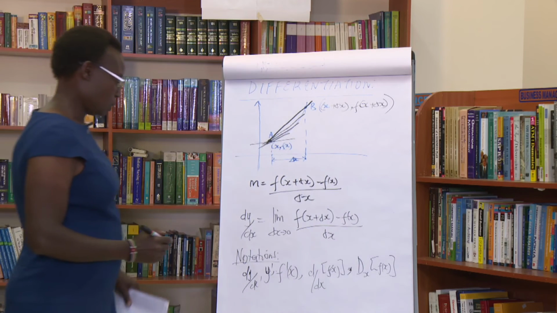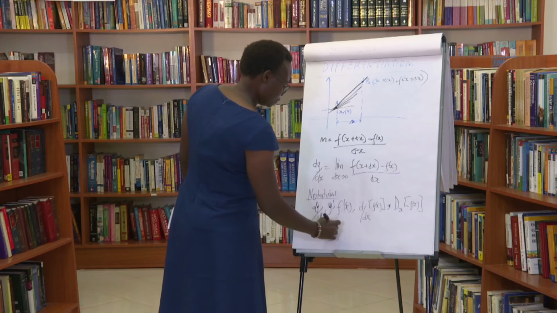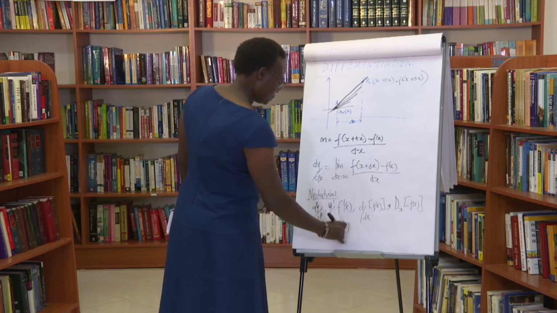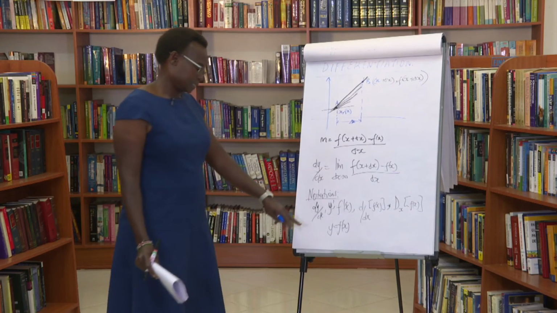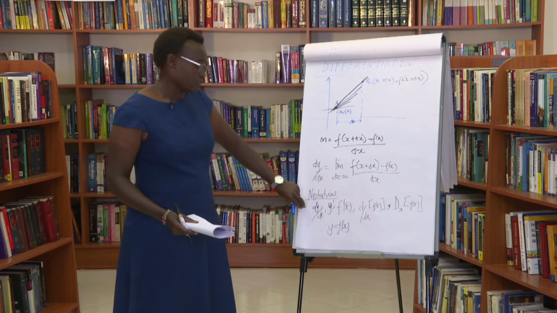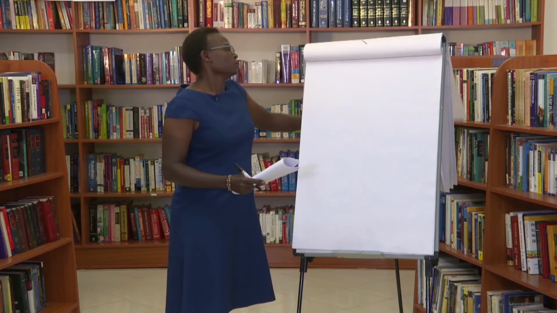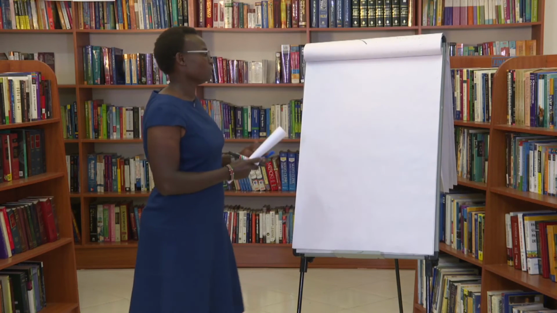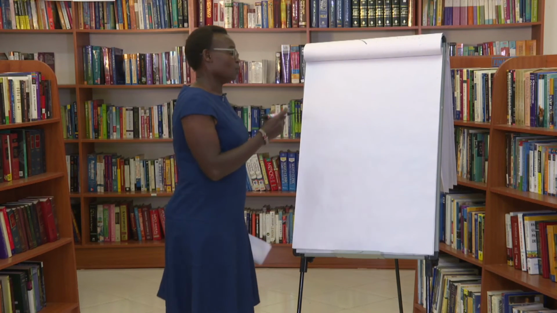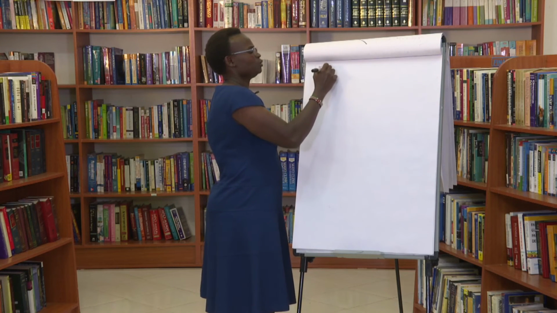So by virtue of y bar, we are literally saying that we are talking about a function y of x. That does not imply that all derivatives will be of a function y that is defined at x. You can still have s is equals to 3t plus 2.